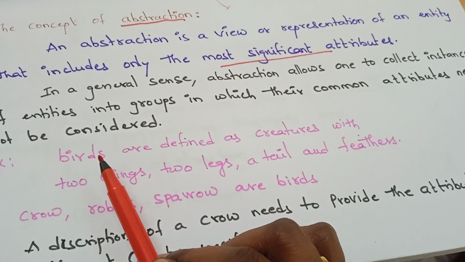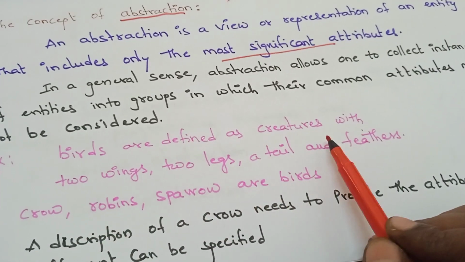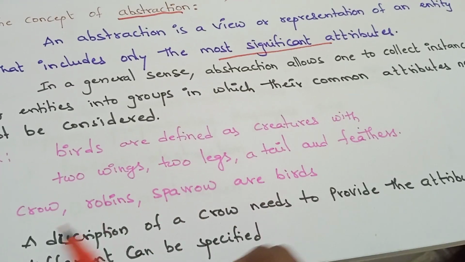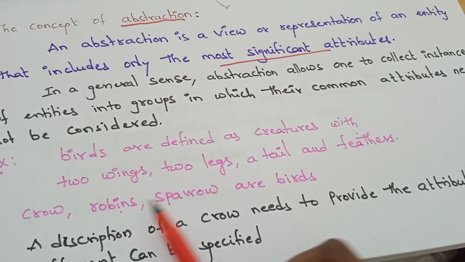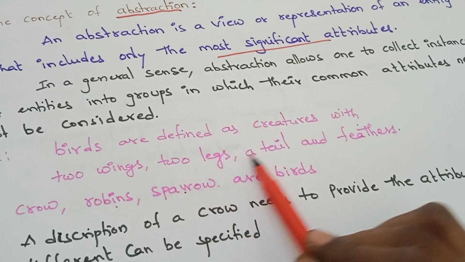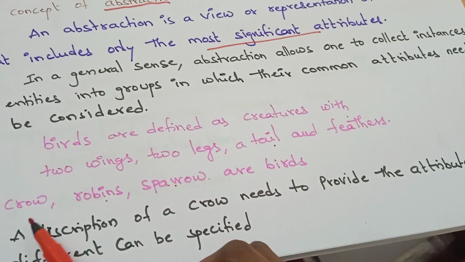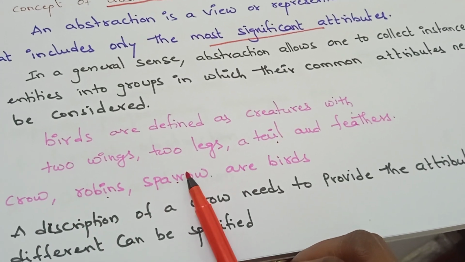Okay. Now when I'm telling crow is a bird, all these attributes are common for crow and for robin, for sparrow, and whichever I'm calling a bird. So these attributes need not be specified in crow, robin, sparrow.